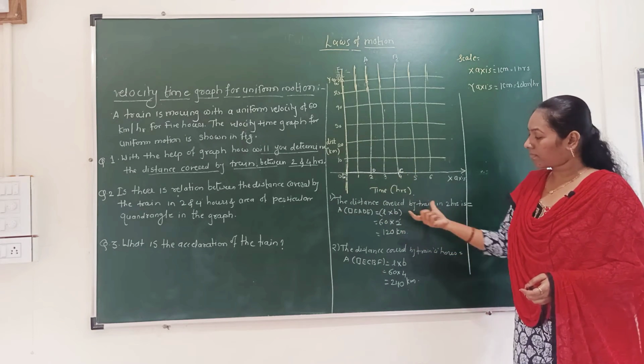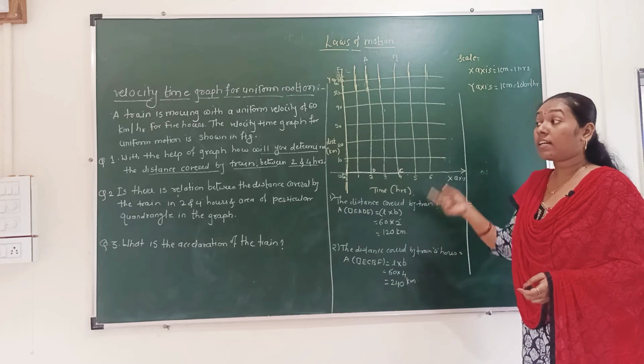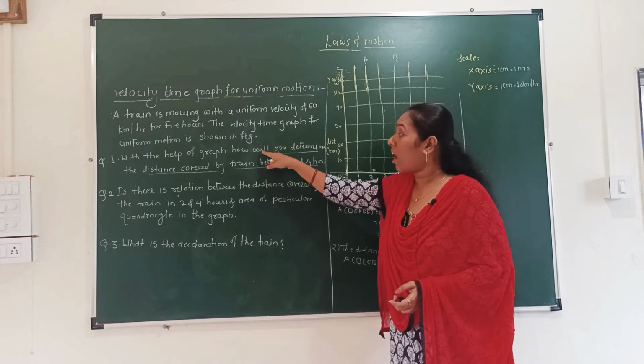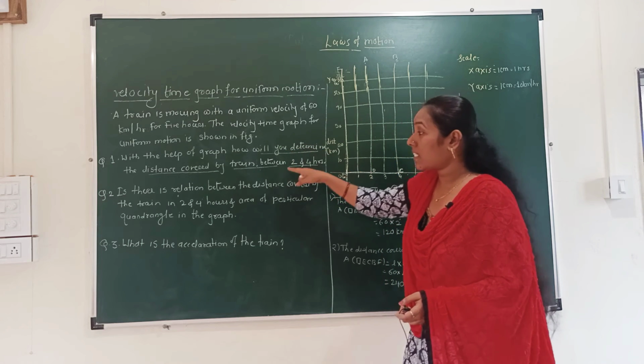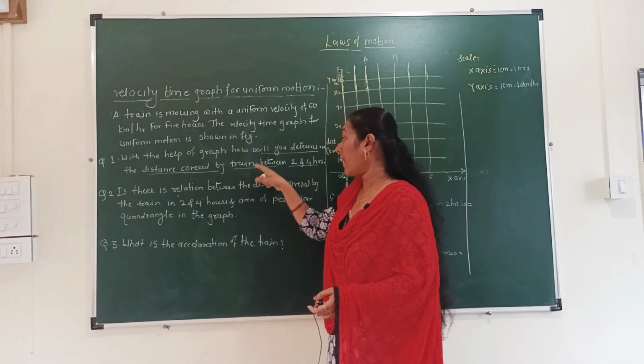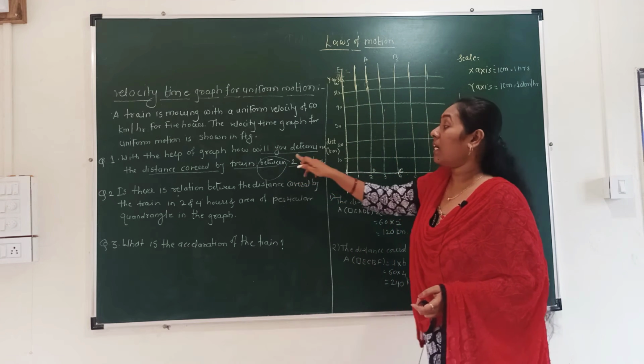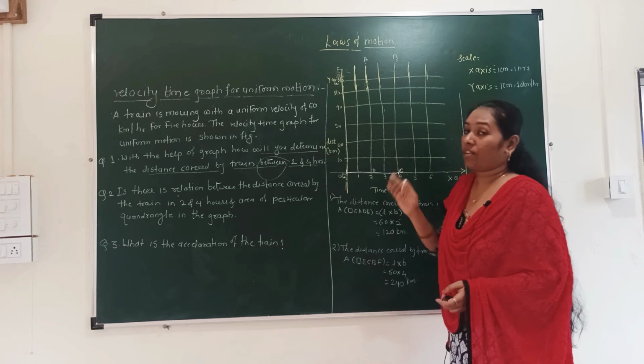Here are 2 answers, but what is the actual answer? What is asked here? How will you determine the distance covered by the train between, and here is the most important word, between 2 and 4 hours?